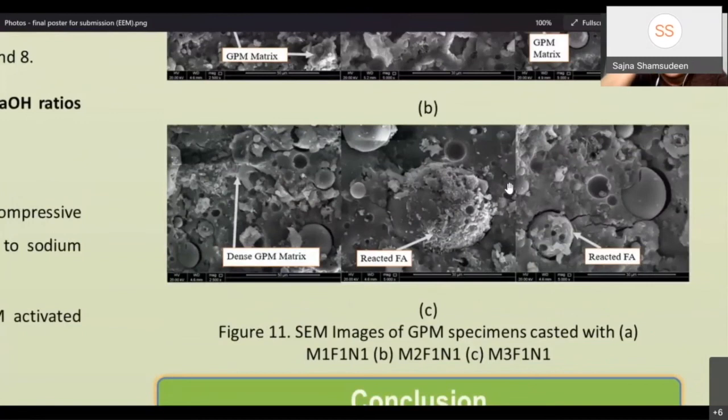And when we increase the sodium hydroxide solution concentration to 16 molar, we found that almost all fly ash particles were reacted with the solution, and a binding and dense geopolymer matrix was developed.